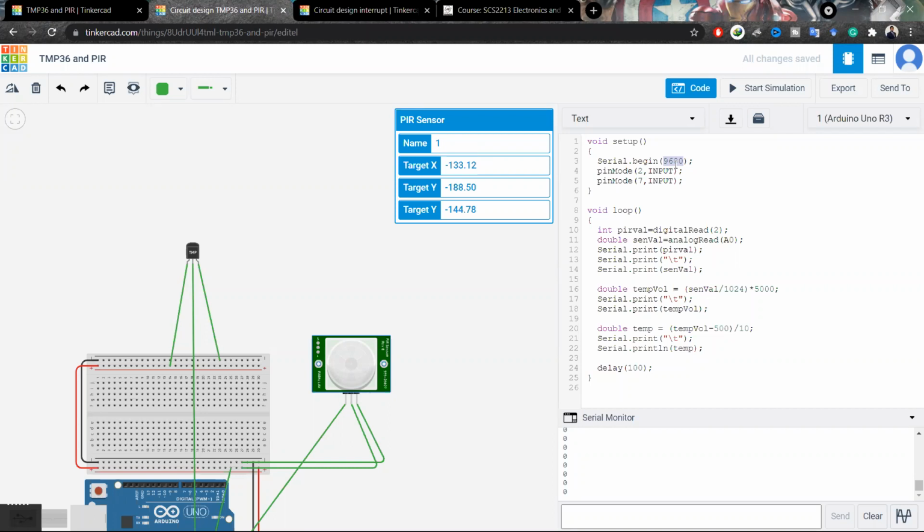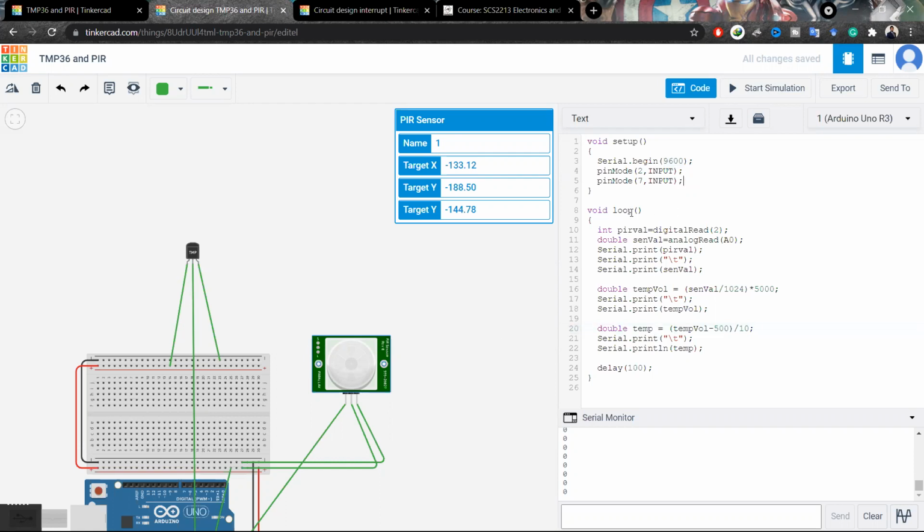Otherwise, it's like a single person speaking with Chinese people, they can't understand, just gibberish. That's why we have to have a common setup for all of them.